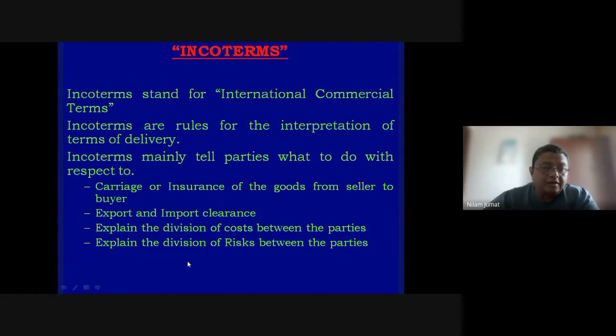Now, risk. When you're loading the truck at the exporter's warehouse, say the manufacturer is selling air conditioners and they fall and break from the lorry. Whose risk is it? Who has to replace them, the exporter or the importer?